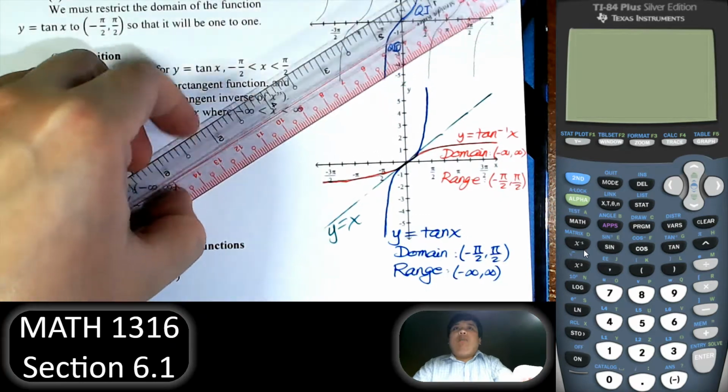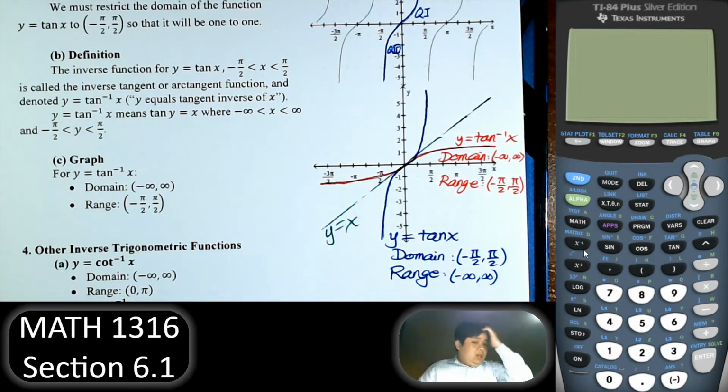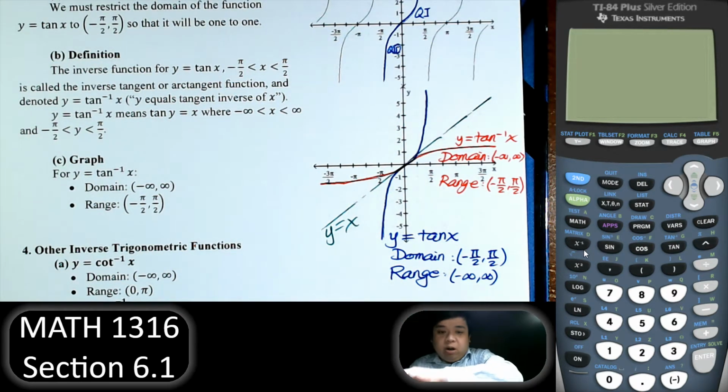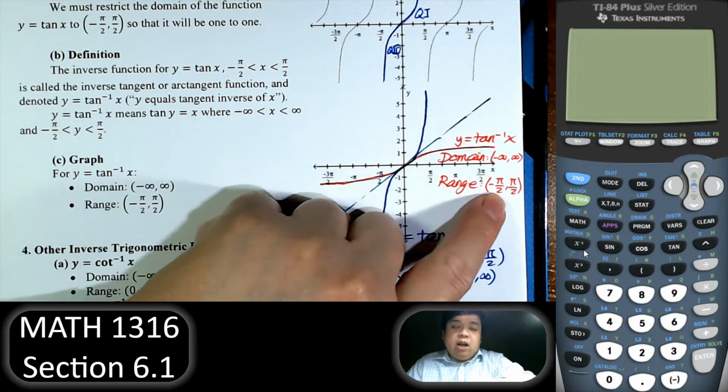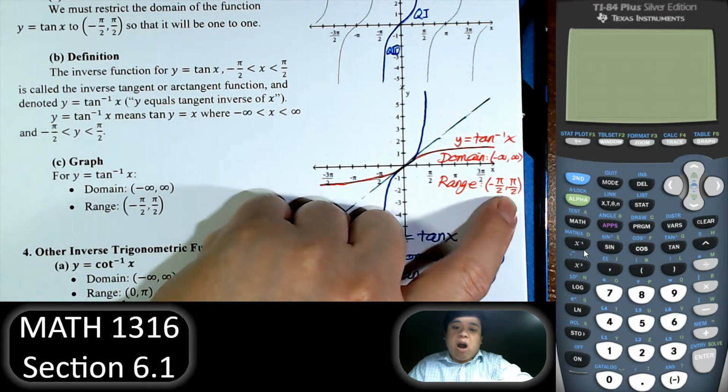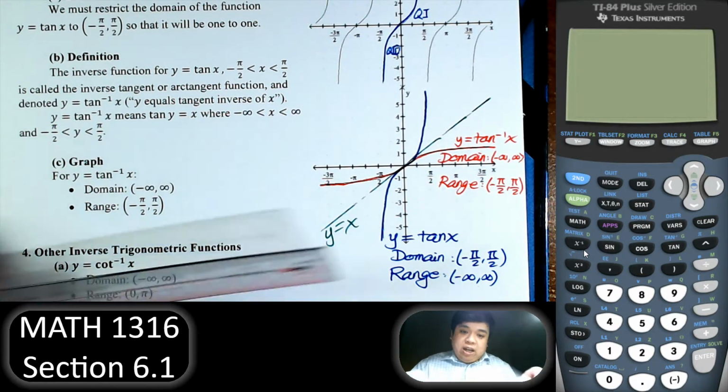And also, one important property of the inverse tangent function is that the graph approaches negative pi over 2 and pi over 2 when x approaches negative infinity and infinity.